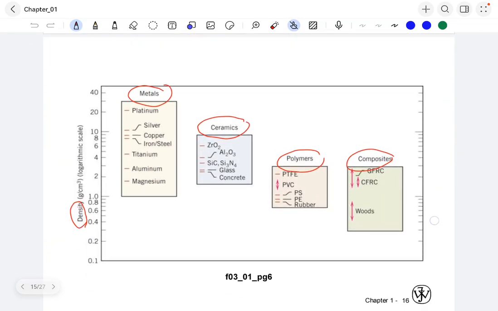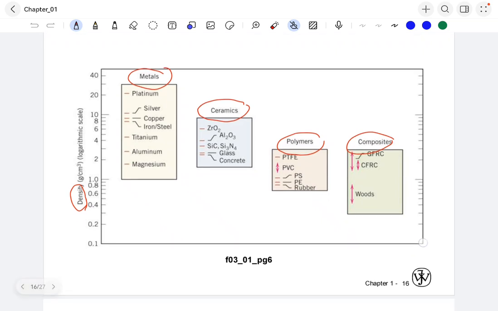Now coming to this part, as you can see, the winner among all in terms of density is the metal. Coming in second position is the ceramics, and then polymers and composites are almost equivalent.